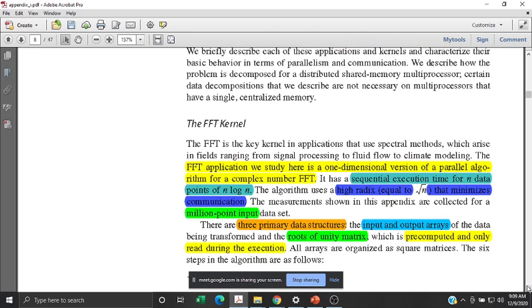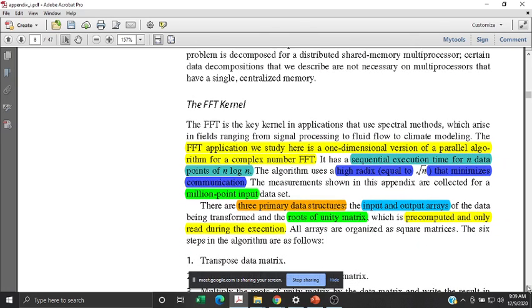So the FFT application: a one-dimensional version of a parallel algorithm, complex number FFT. Whenever you visualize FFT, it is matrix multiplication kind of stuff. Now you convert it, so there's a transposition, converting to a single dimension, and then accomplish the particular task.